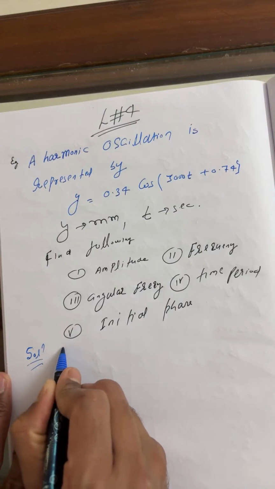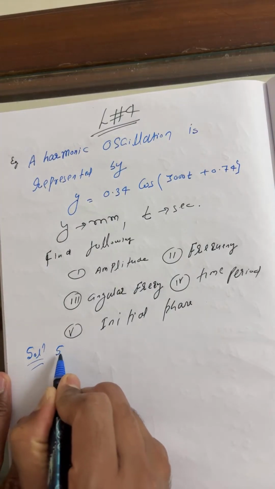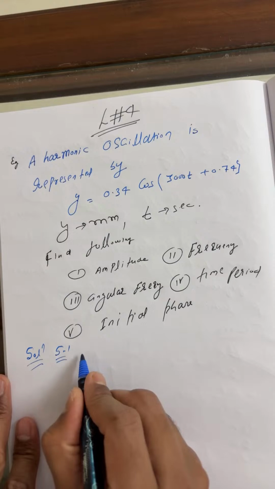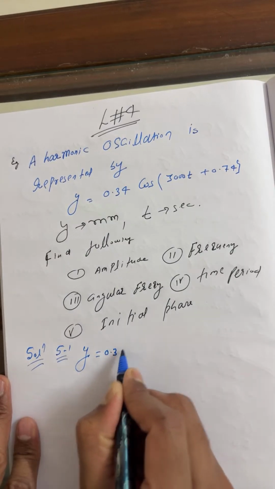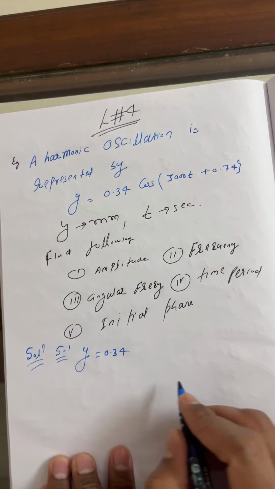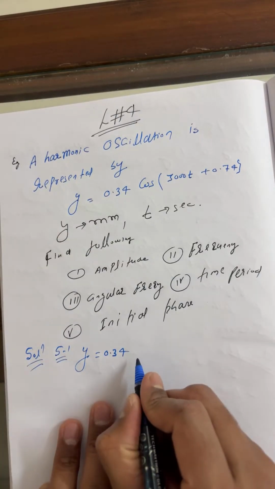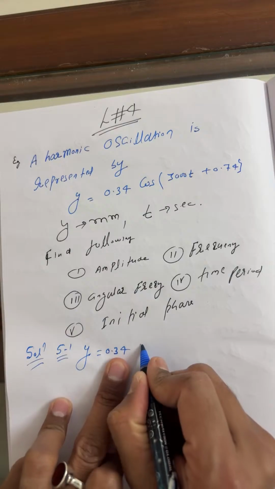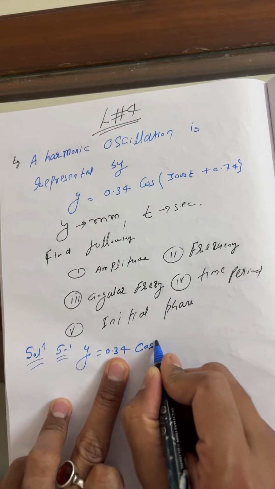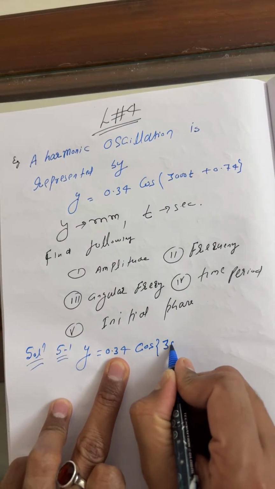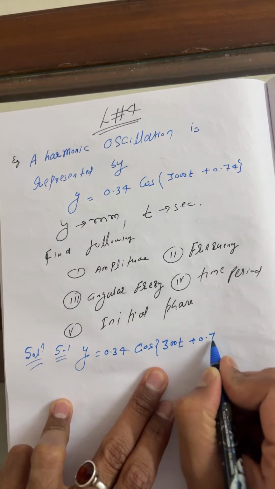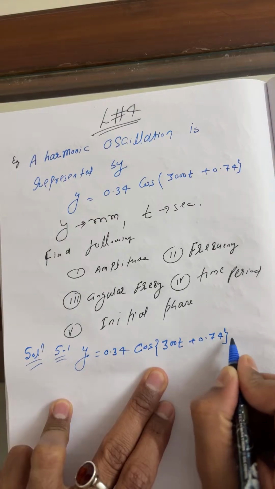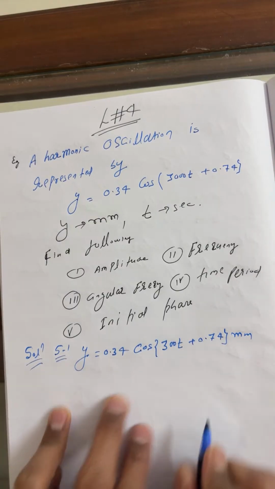So beta, in step 1, y equals 0.34 cos of 300t plus 0.74, in mm only.